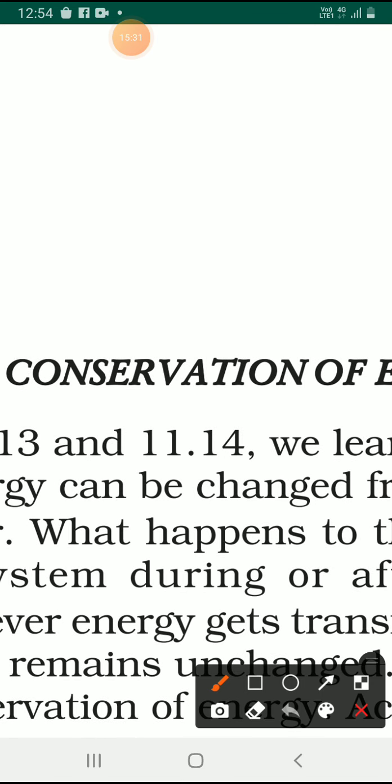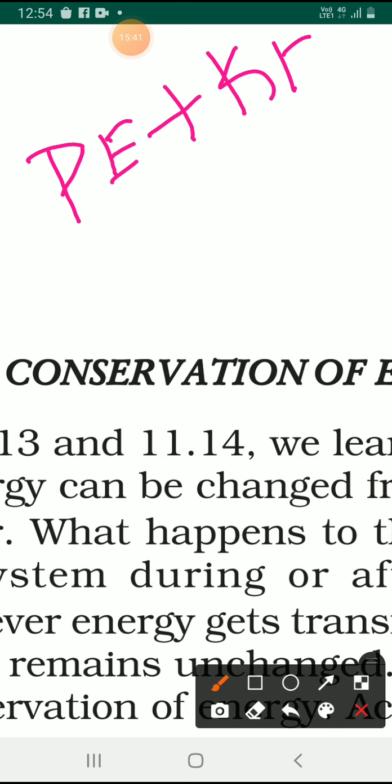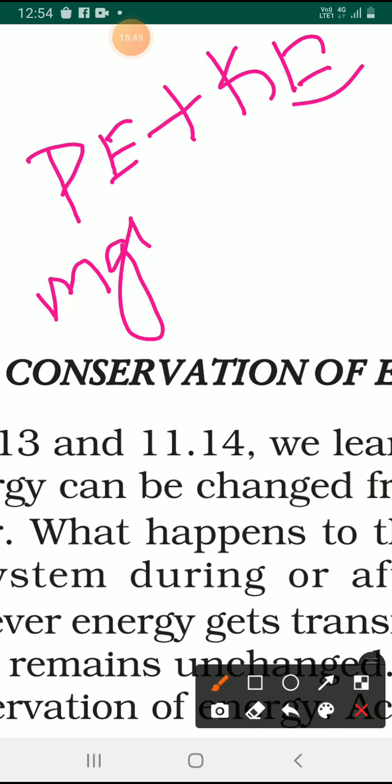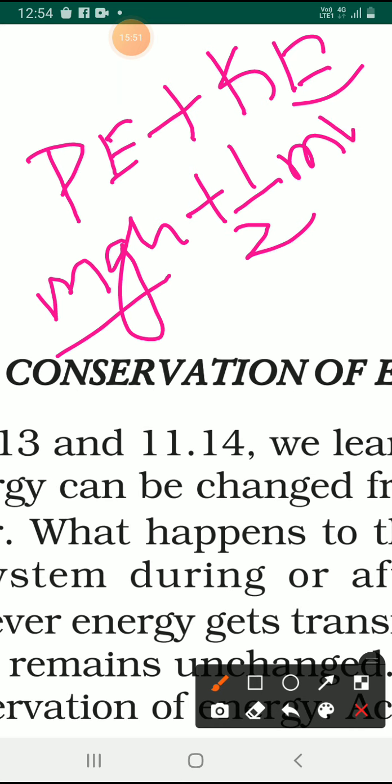Let me tell you one important thing. We know potential energy plus kinetic energy. We know the formulas: potential energy is mgh, and kinetic energy is half mv squared. And this is always constant.